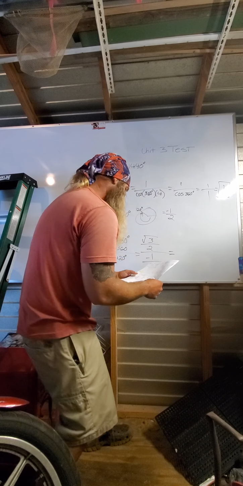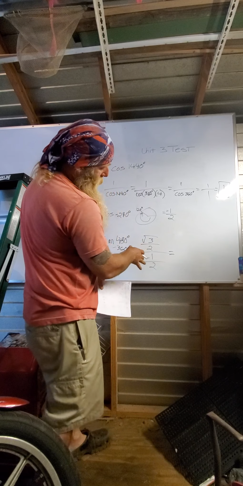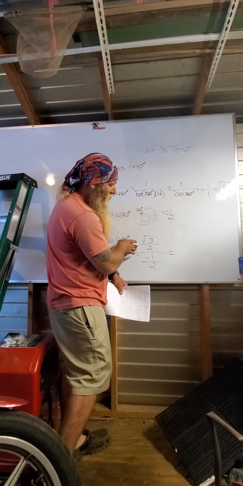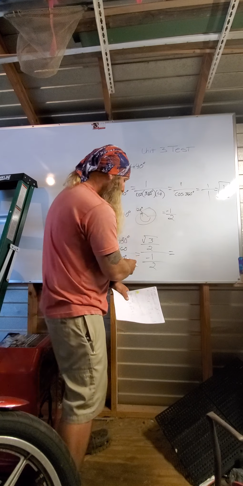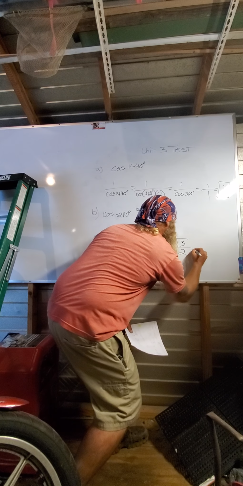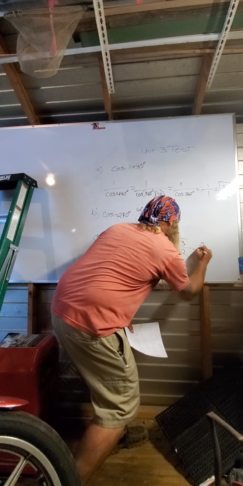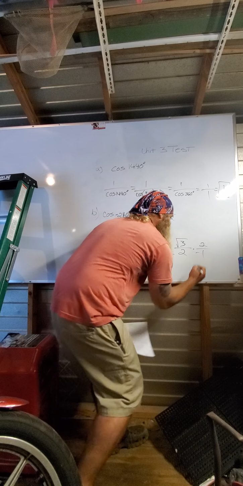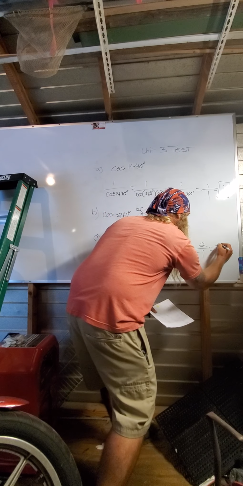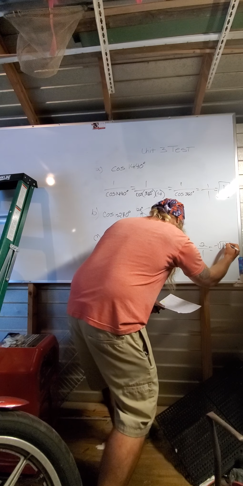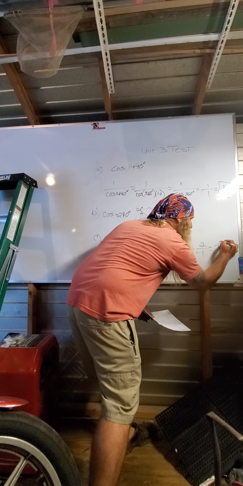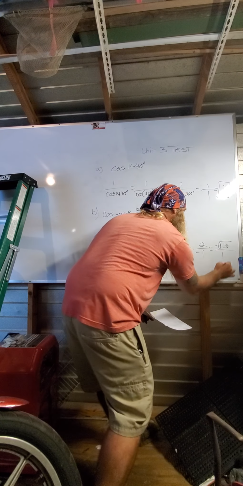So we can simplify, and what we're going to do, instead of dividing, is take this and times it by the reciprocal to get our answer. So we're going to take square root of 3 over 2 times negative 2 over 1, which equals negative square root of 3 over 1.